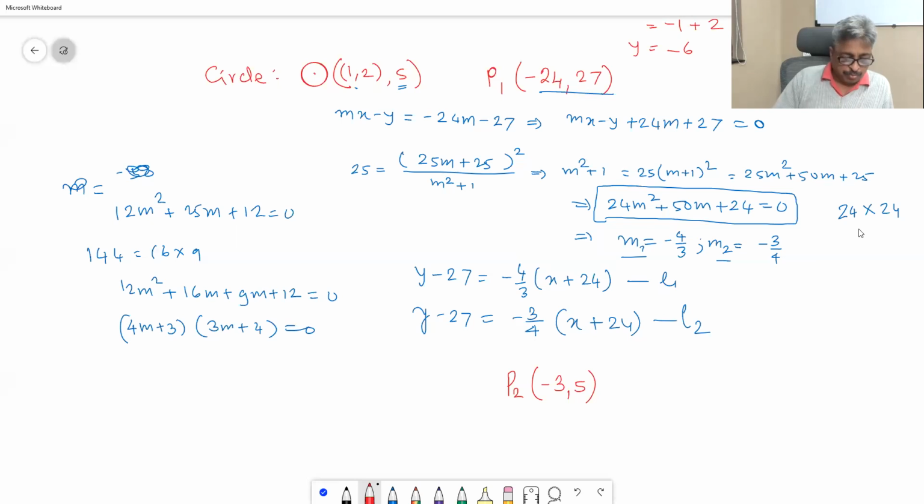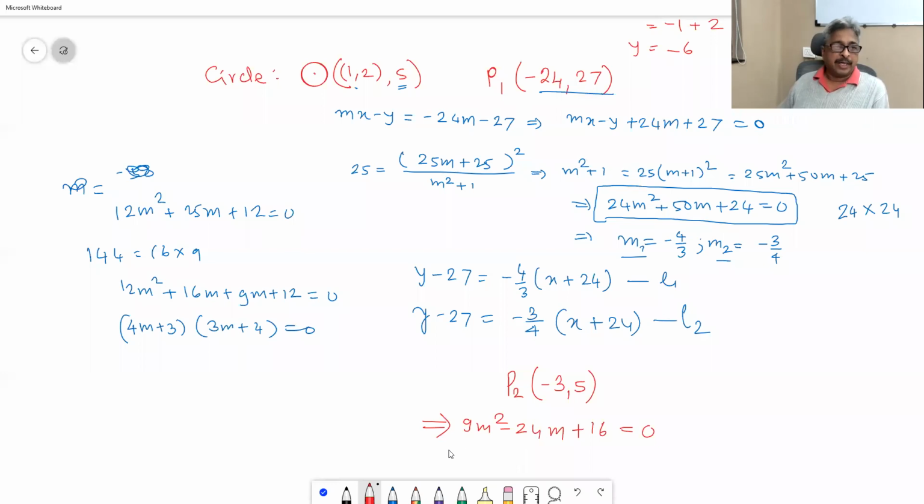Okay, when it comes to P2 and when you try to get the quadratic equation in m, it does not allow you to get m1 and m2. If your calculations are correct, you will get the quadratic equation 9m square minus 24m plus 16 is equal to 0.